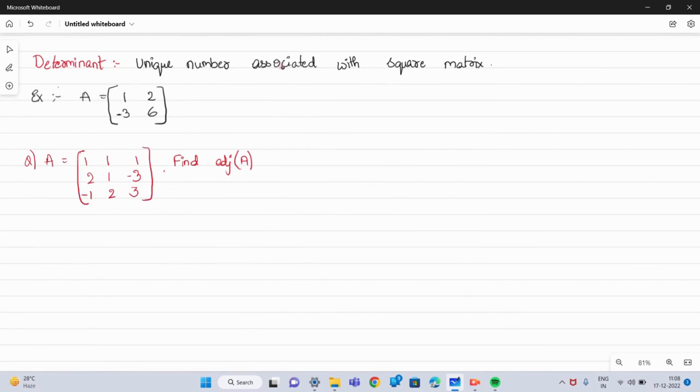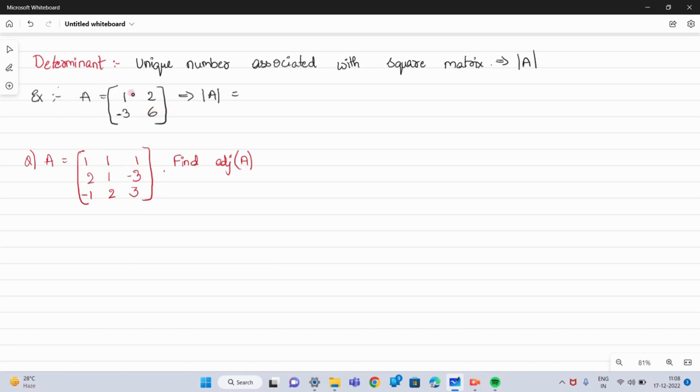Determinant. It is a unique number associated with a square matrix, and it is denoted by mod of A if A is a square matrix. For example, a matrix is given and we need to find the determinant.